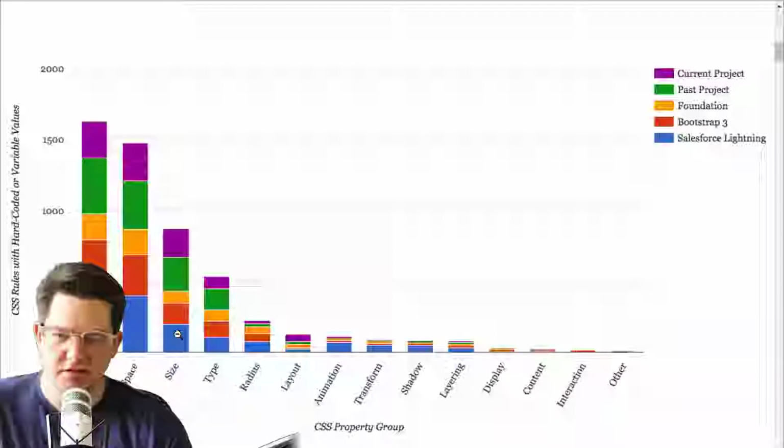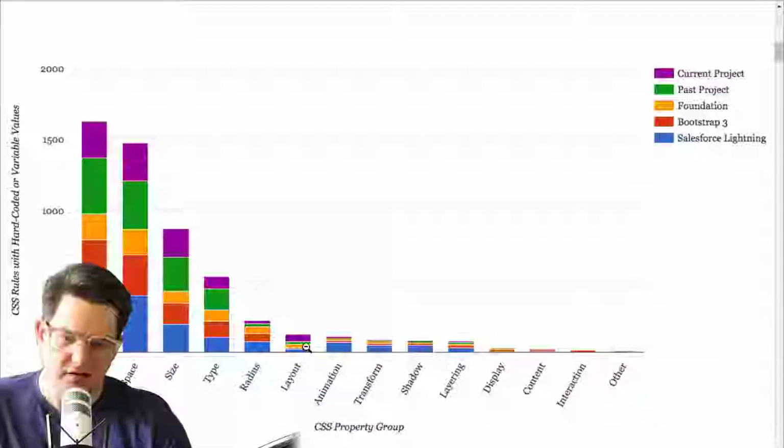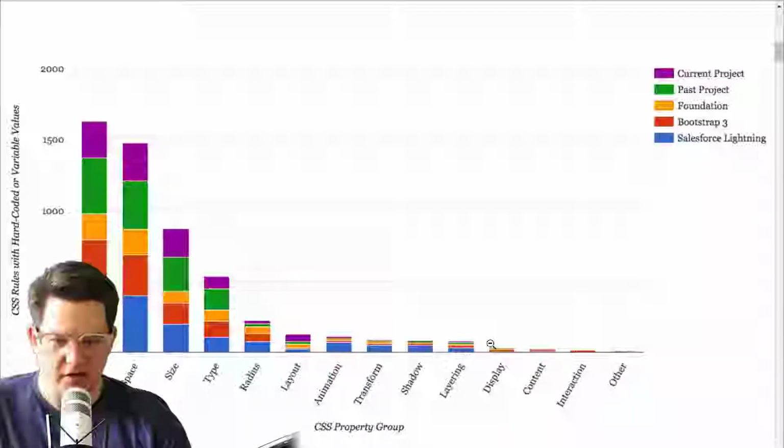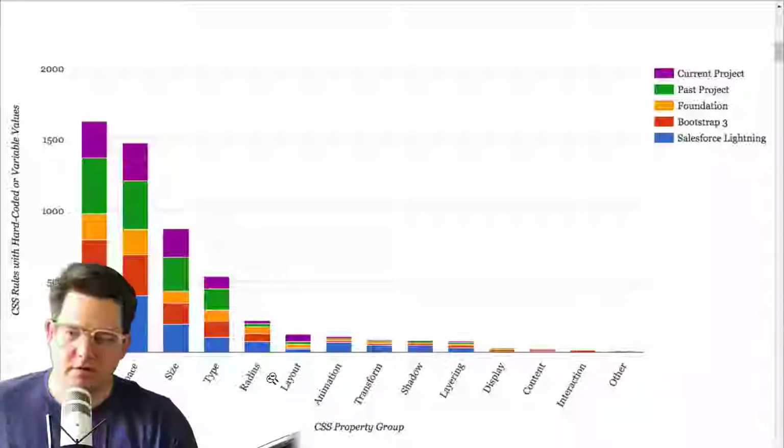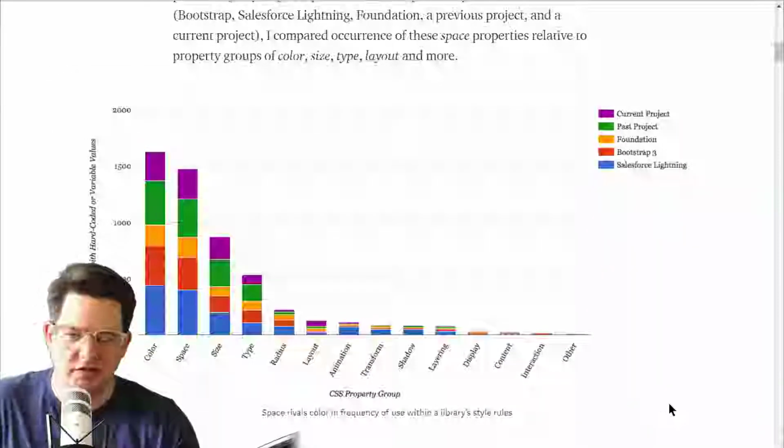And then space, and then size, and then type, and then radius, layout, animation, transform, shadow, layering, display, content, interaction, other. So if you combine space, size, radius, and layout, that's all talking about space in one way or another. Color and type are important too, obviously.